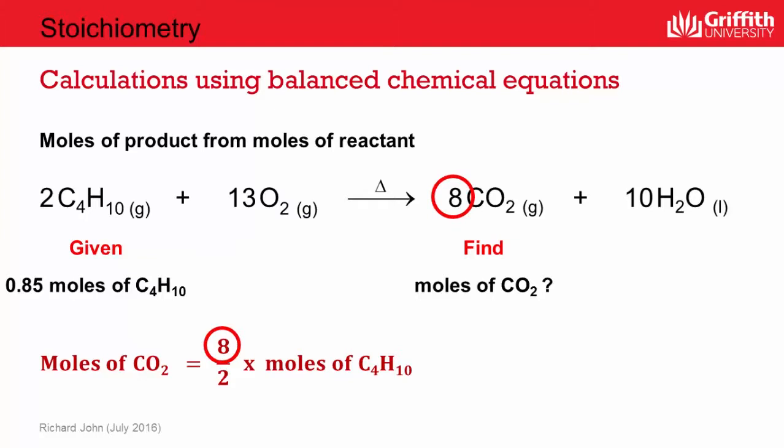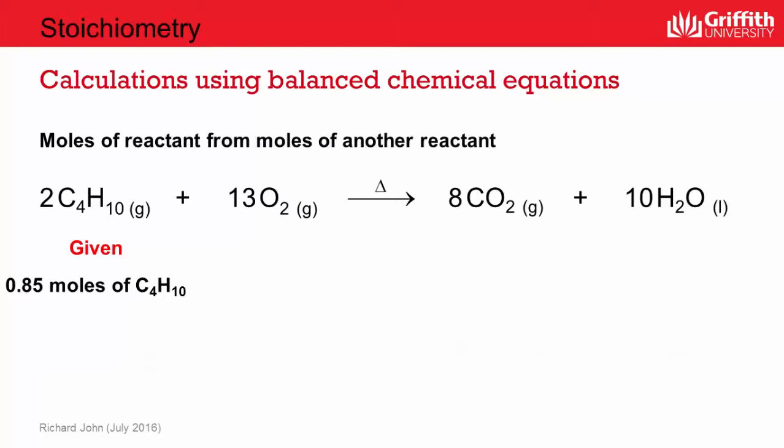That's the stoichiometric coefficient of the substance I'm trying to find information about, divided by the stoichiometric coefficient of the substance I've been given information about, in this case butane. So 8 on 2 times 0.85 moles, and we calculate that 3.4 moles of carbon dioxide would be produced from 0.85 moles of butane.